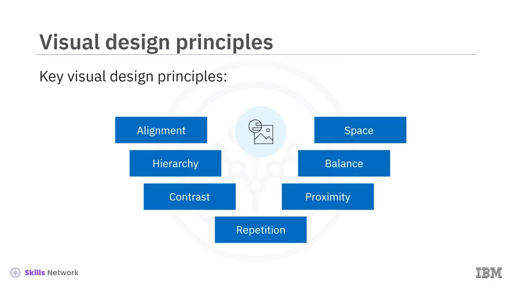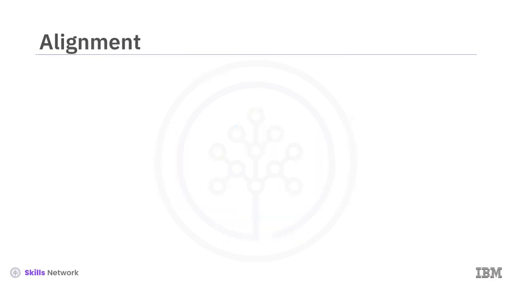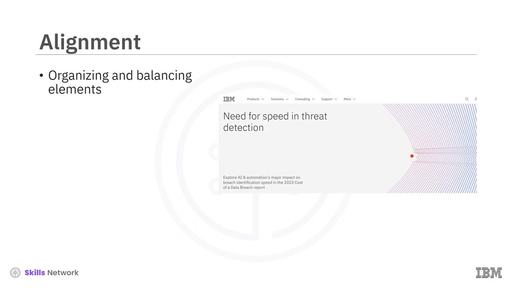Let's consider an example of an e-learning portal and discuss each principle in detail. Alignment is an important visual design principle that involves organizing and balancing elements of a design. It arranges the various elements, such as images, texts, shapes, and other graphical elements, on the screen in relation to each other and to the borders and edges of a screen or interface, as shown here.